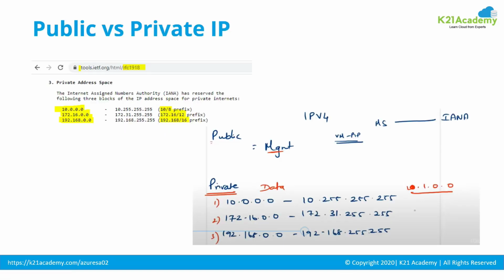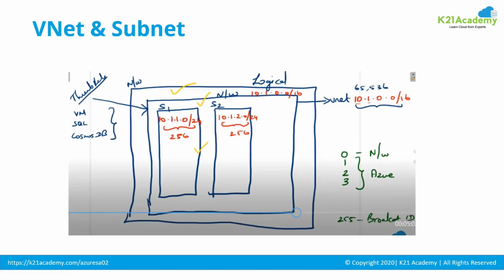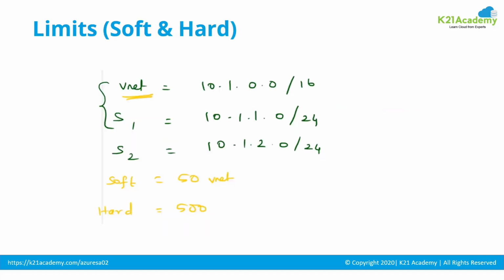She also talks about public and private IPs, where private IPs are based on RFC 1918 and these 3 ranges: 10, 172 and 198. She then creates a virtual network, VNet, including a subnet inside Microsoft Azure using the Azure Portal. She also briefly talks about the soft and hard limits related to networking on Microsoft Azure.